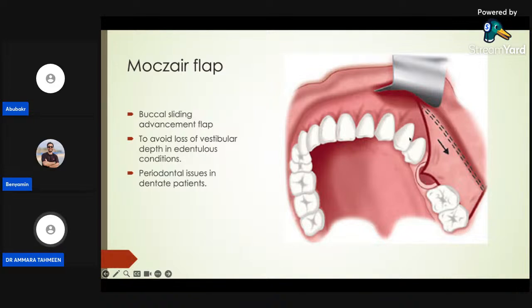Just for example, in this picture, as you can see, there is a defect here. Instead of giving the vertical releasing incision here, the vertical releasing incision is given proximal to this tooth present here, adjacent teeth present here. So that's how the vertical releasing incision is given and periosteal dissection is carried out.